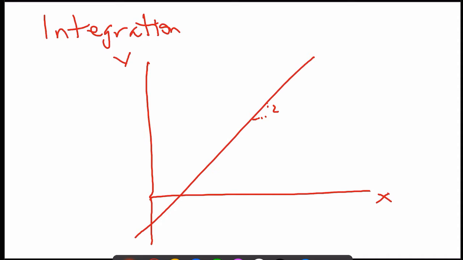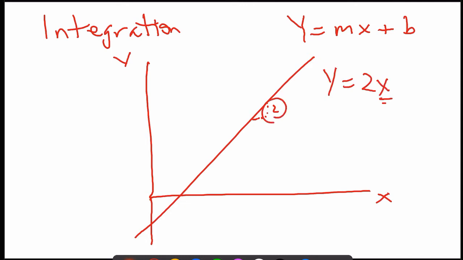Well, if the slope is a constant 2, I know that straight lines have equations that look like y = mx + b. I know that there's really an x implied in there, and that b in the traditional way of doing that is down here. And if I pick a point, I pick that point right there.